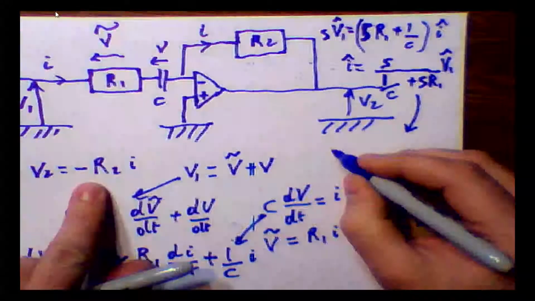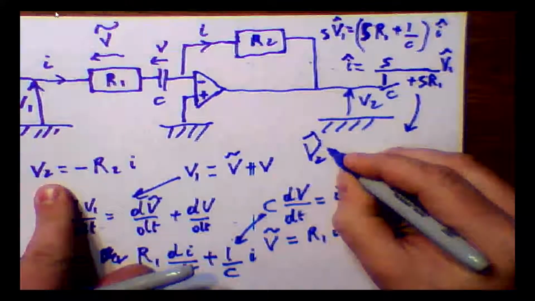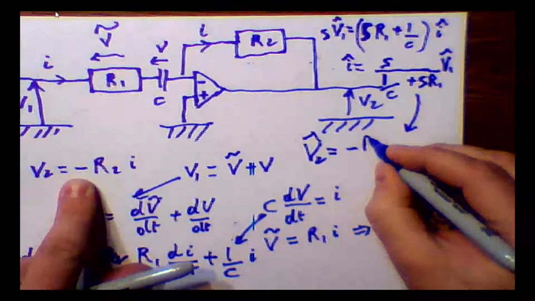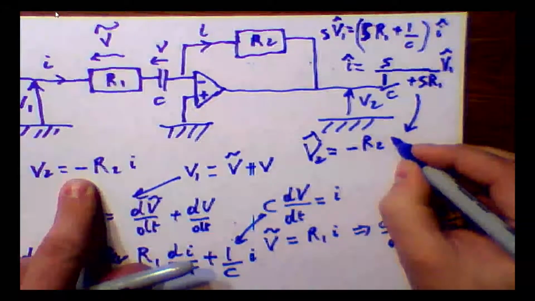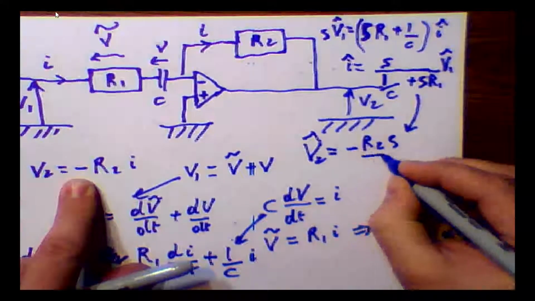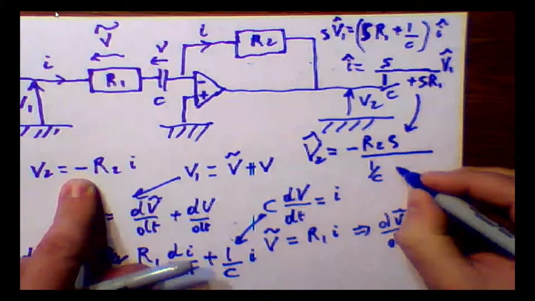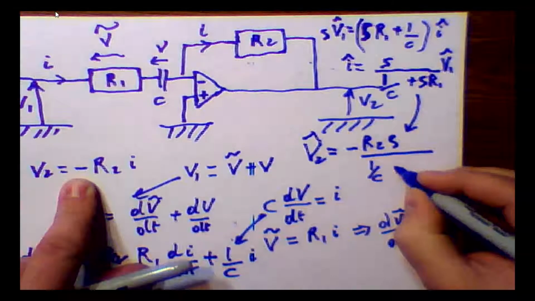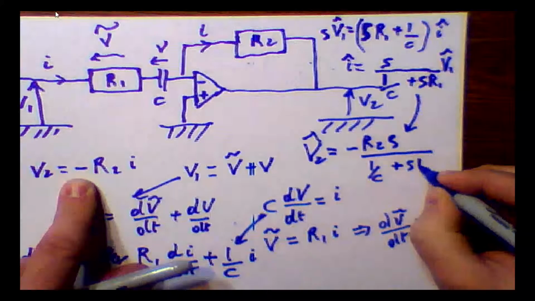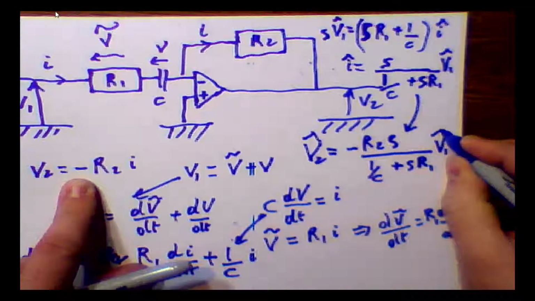Going back to V2 equals minus R2 I, we get that V2 hat is equal to minus R2 S divided by 1 over C plus S R1 times V1 hat.